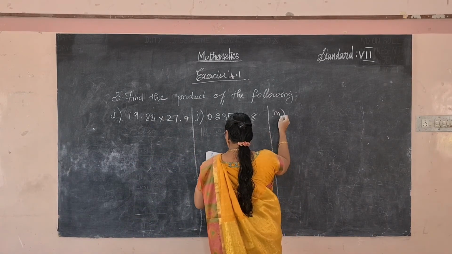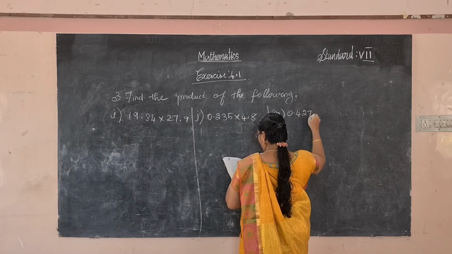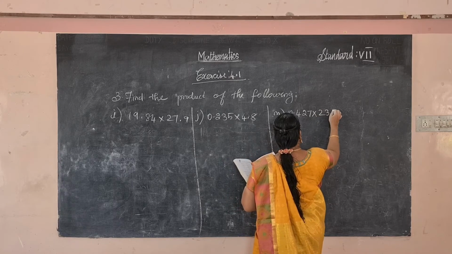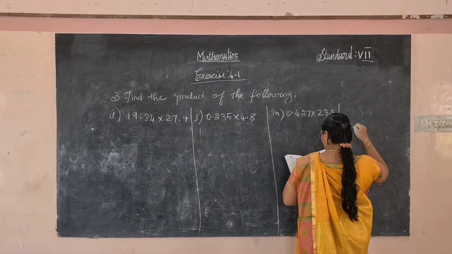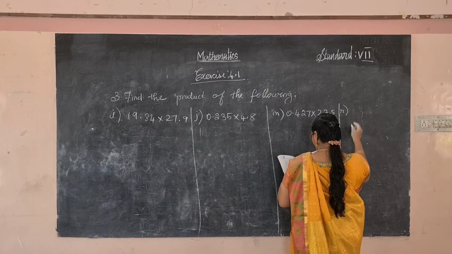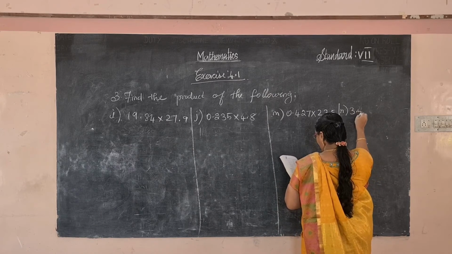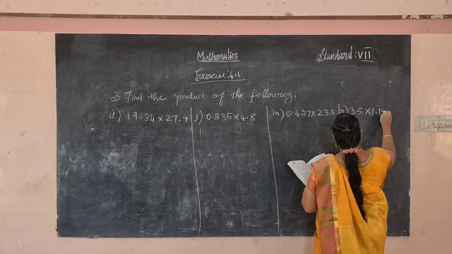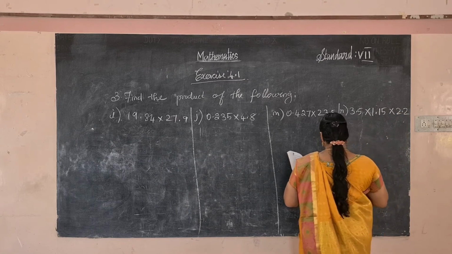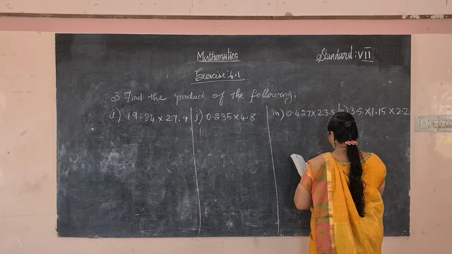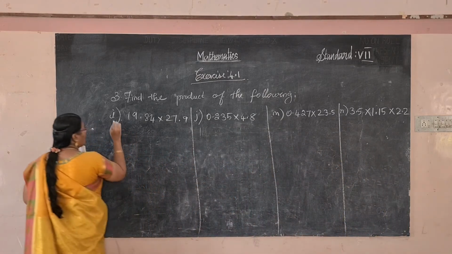M: 0.427 into 23.5. And N: 3.5 into 1.15 into 2.2. The first one, I problem.